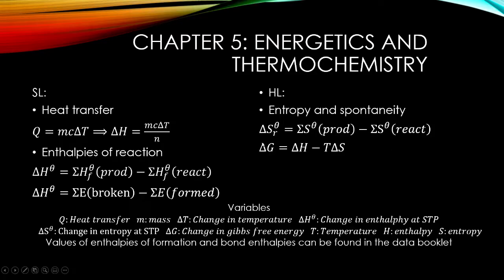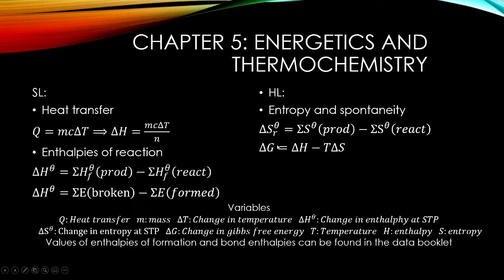And now we have this quantity called Gibbs free energy, which is used to determine spontaneity. And the equation is delta G equals delta H minus T delta S, where delta S is the entropy. And when delta G is negative, it means that the reaction is spontaneous.